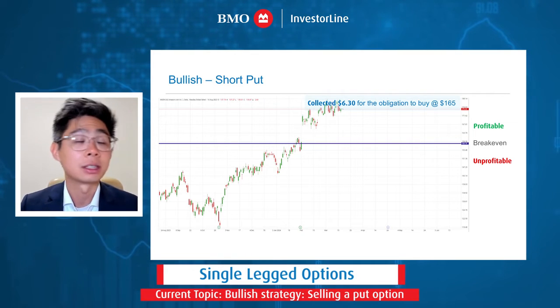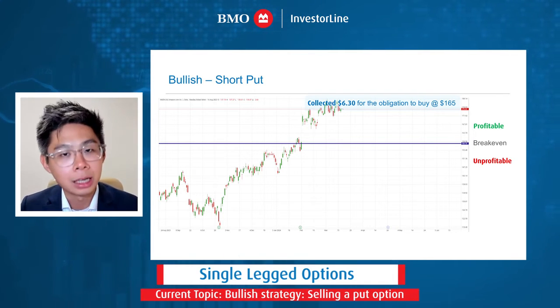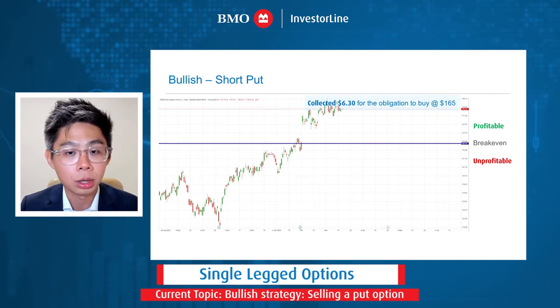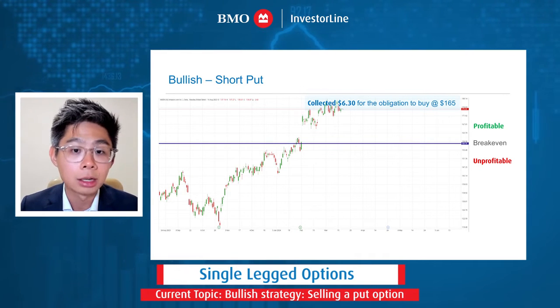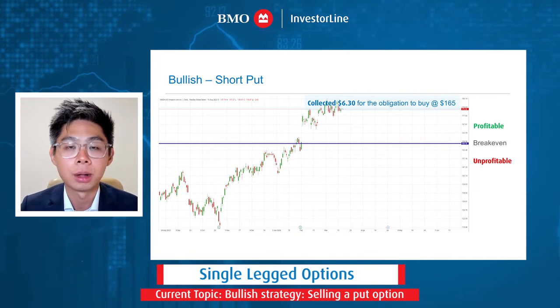If the stock stays around 174, I'm going to collect $6.30 and make the full profit. But even if the stock were to decline in value, let's say to 160, a decline from where it's trading today, I'm actually still profitable on the trade.